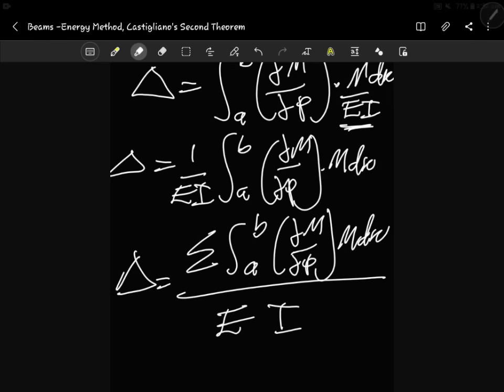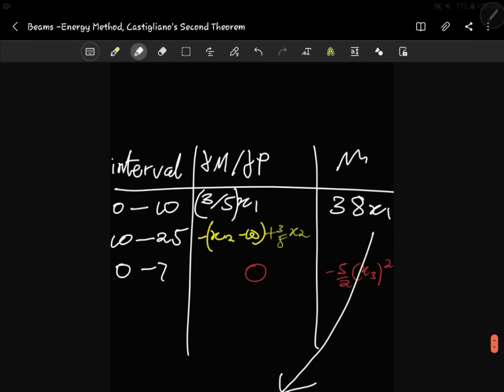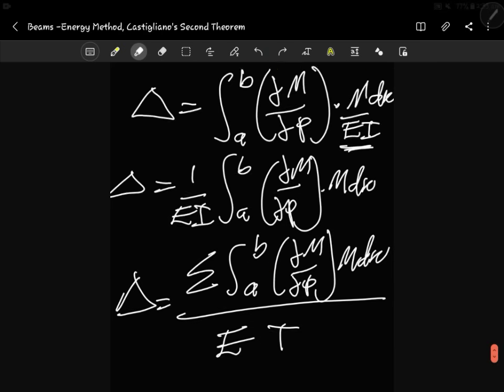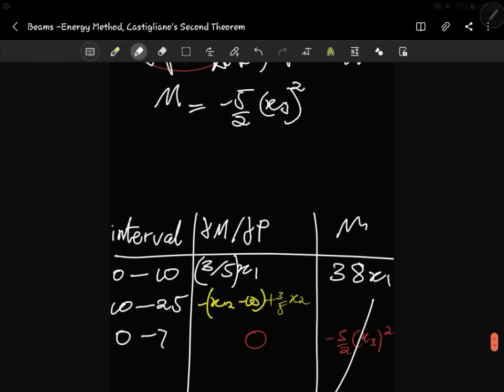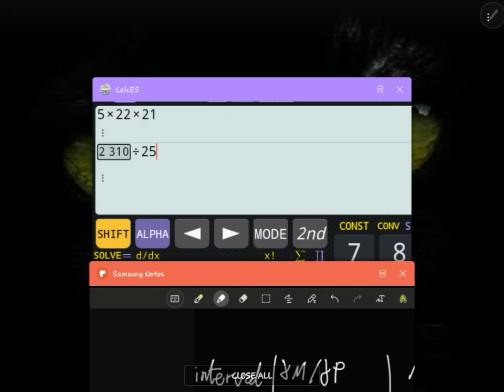So that's what I'm going to do. I'm going to find for each and every one of these the product of these two here, putting in the integral limit and everything. So now this is how we need our calculator.